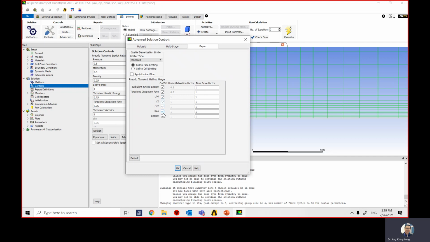So make sure you select this one. And then the time scale here, we will increase to 10 for all the chemical species that you have there, including your energy in the calculation. All right. Then after that, we will click OK in the expert tab here. Click OK.